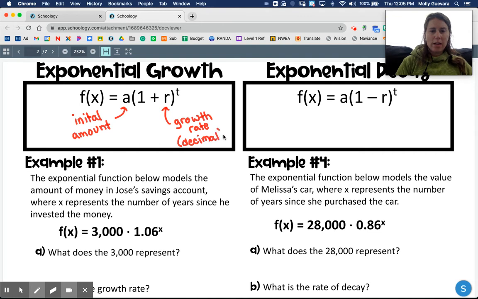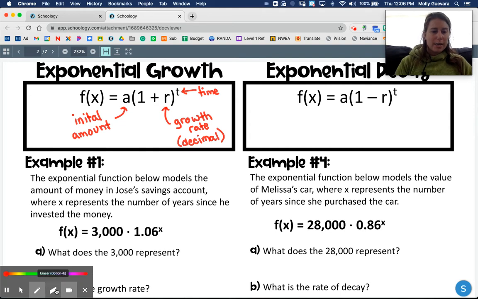The growth rate in this equation has to be in decimal form, and we'll look at how to convert from a percent to a decimal. And then T is time. Time depends on the problem. Maybe it's growing a certain amount every day, so then time would be in days, or maybe it's growing a certain amount every year, so then time would be in years.